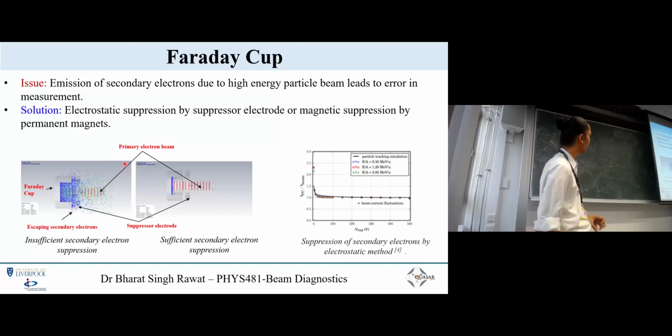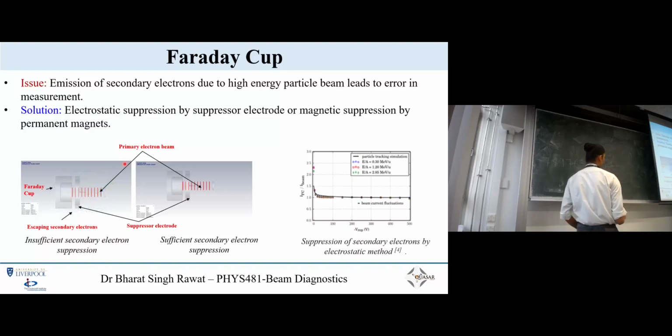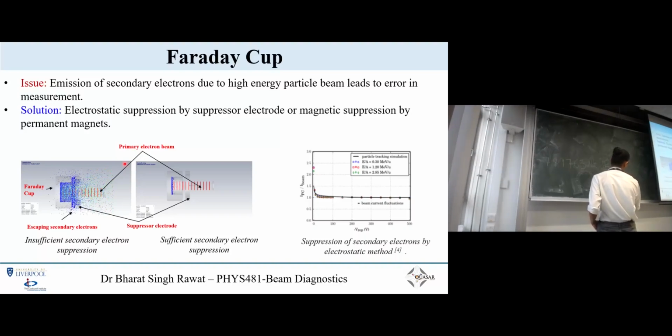Another method is if you make your Faraday cup longer. Sometimes you do not have enough space, so you need a short Faraday cup. But if you have enough space, and you make it very long, then you may not need any of these two methods.